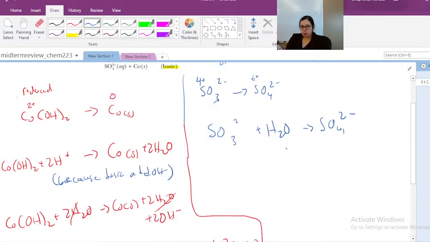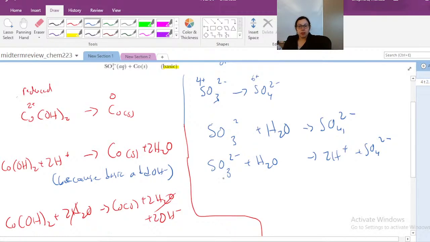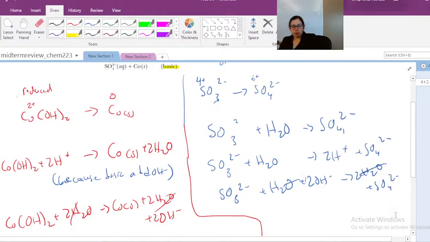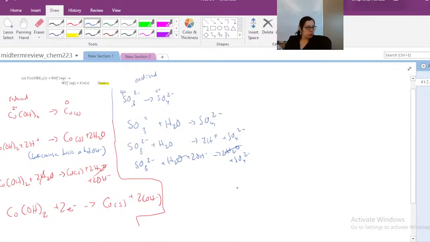So just kind of repeat the process, right? So now I have to add 2 hydrogens. Now neutralize. Now back down to 1 water, so let's see.